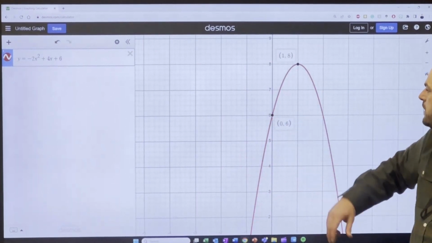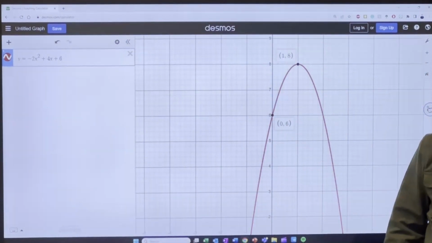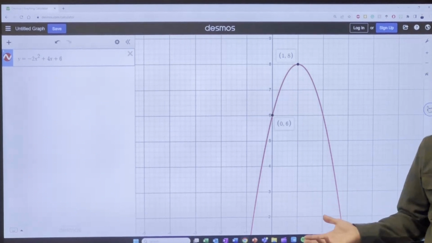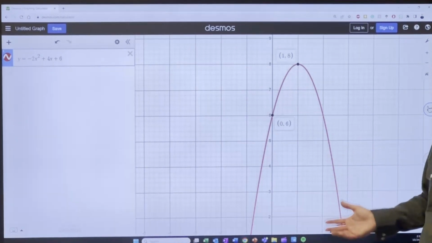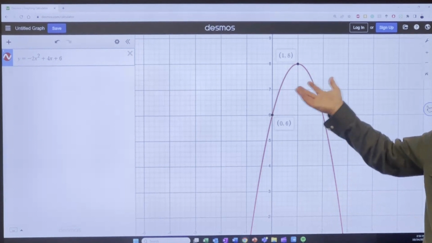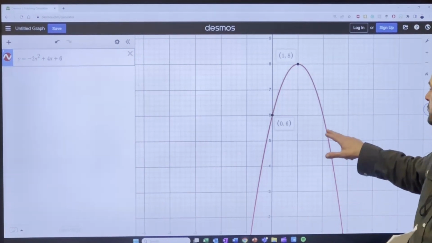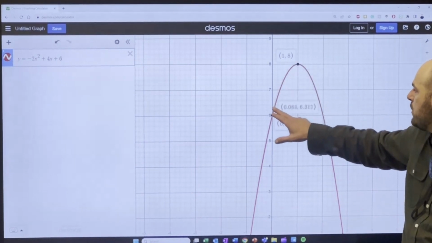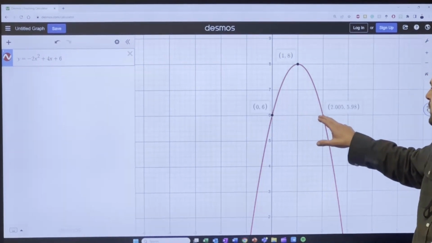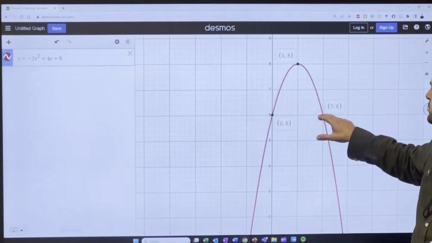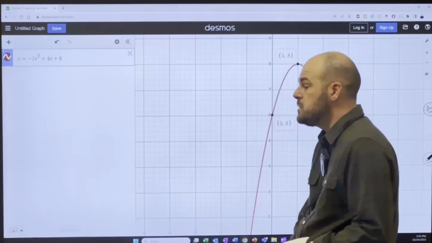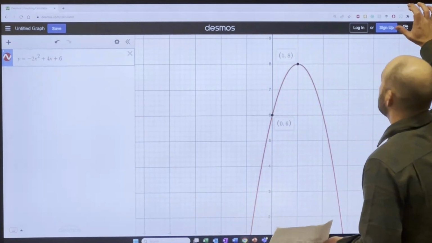There's already a point right here at your y-intercept. You click on it, it tells you the value. It kind of knows what a math student's looking for, so it tries to make it easy for you to find. You could also trace along to find any point you want. Found a point right there, (2, 6). So Desmos is really useful, so is your graphing calculator.